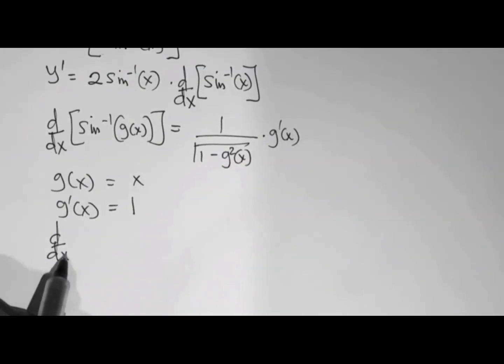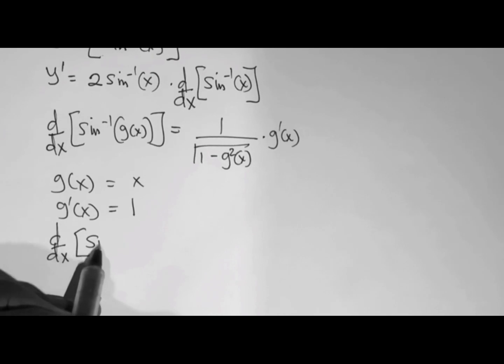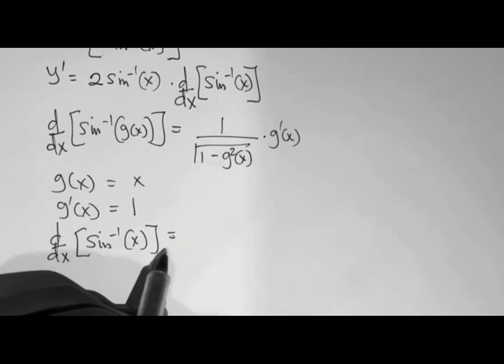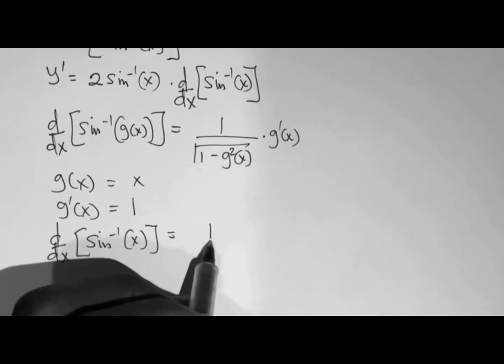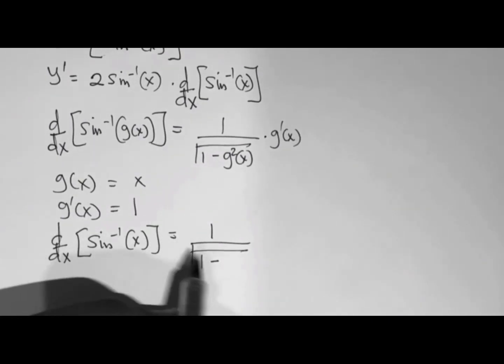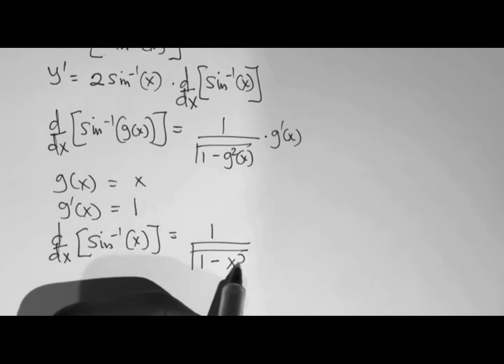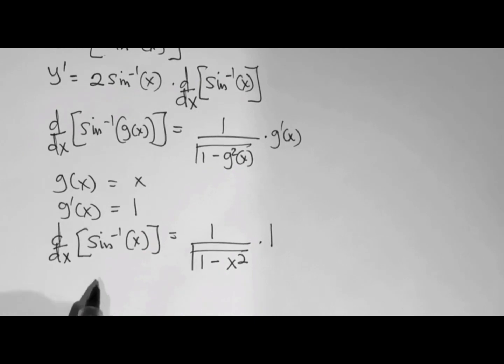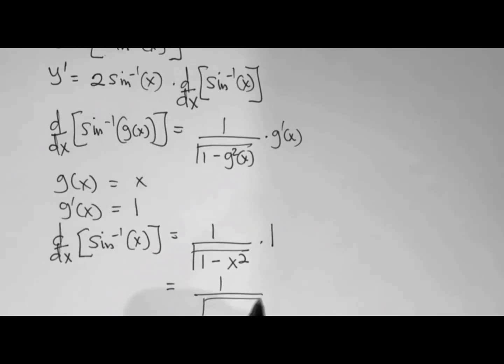So d/dx of sine inverse of x is equal to 1 divided by square root of 1 minus g squared, which is x squared, then times g prime of x, which is 1. And that is equal to 1 divided by square root of 1 minus x squared.